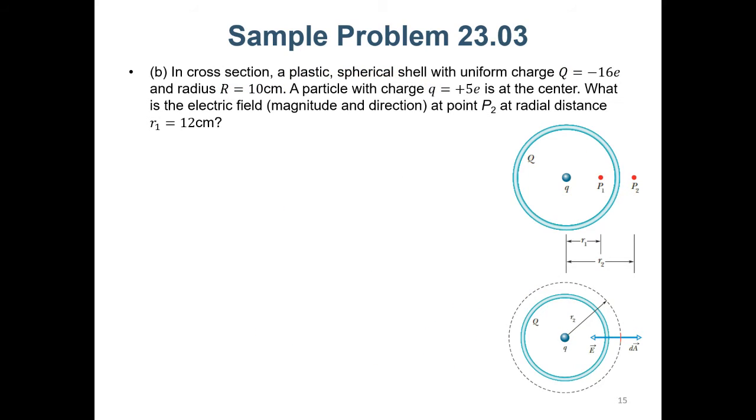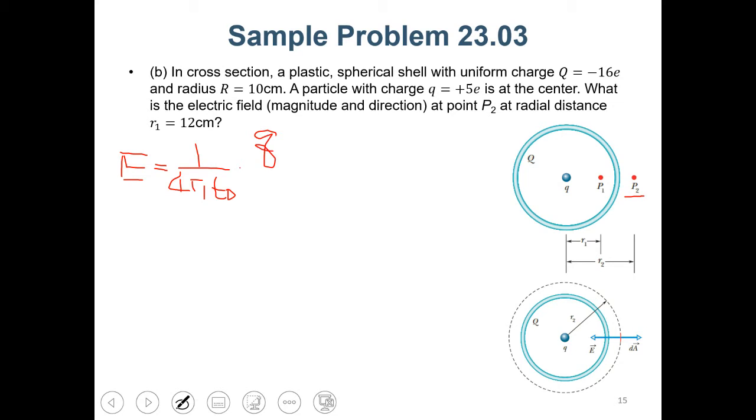For part B, it asks what the E field is at P2. This case will be 1/4 pi epsilon naught times Q enclosed over r. Let me call this R2, so R2 squared.